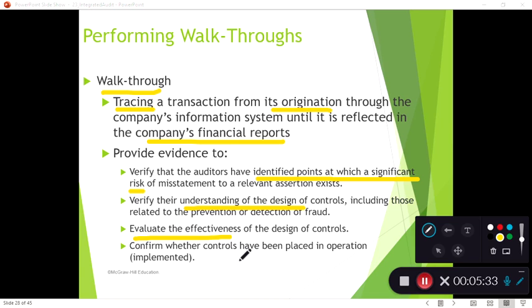Where's there a weak point? And doing the walkthrough helps you be able to identify those. And then also helps you confirm that the controls are actually implemented. And so walkthroughs are a big part of evaluating the design piece.